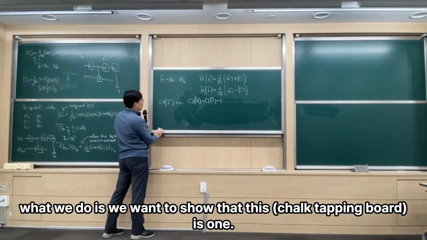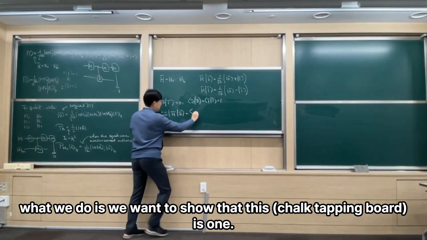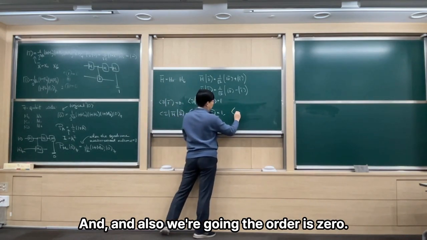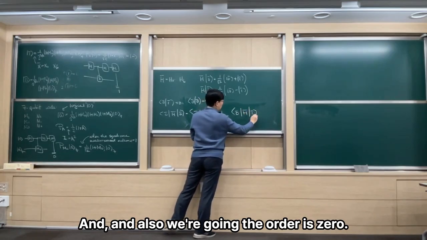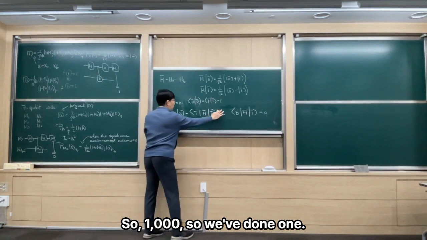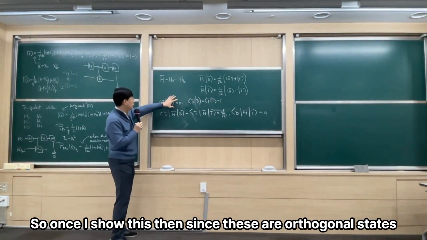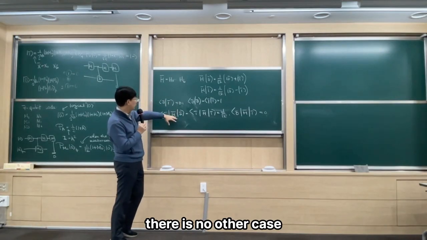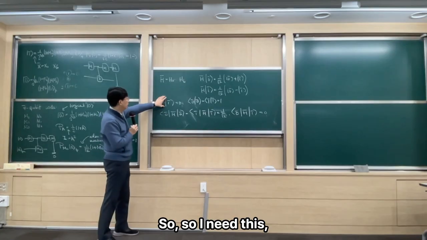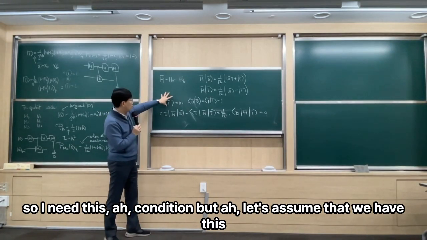What we want to show is that this is 1, and also when we change the order is 0. Oh, sorry, not 1. It's 1 over 2. So once I show this, then since these are orthogonal states, there is no other case that this has to be of this form.